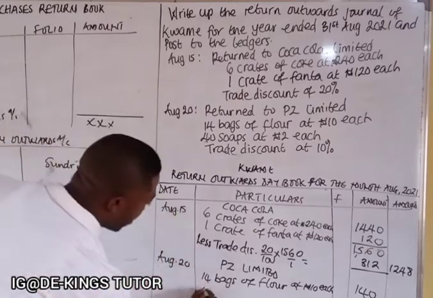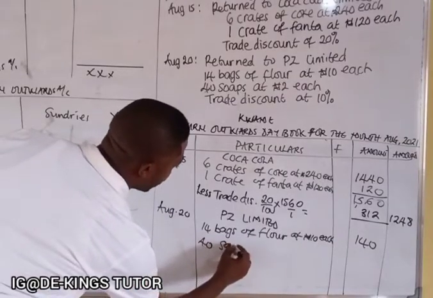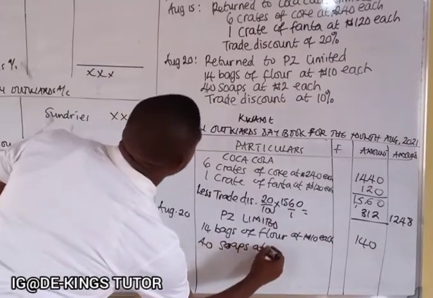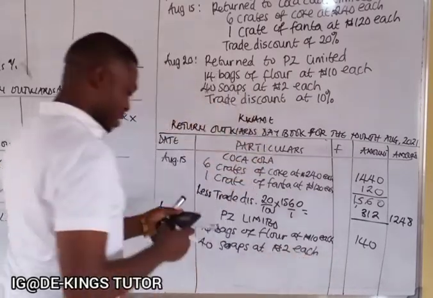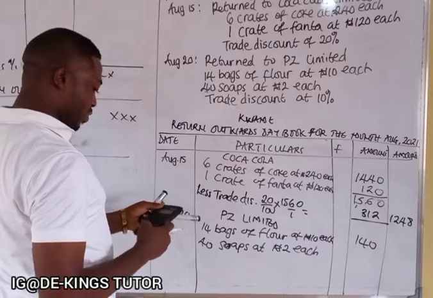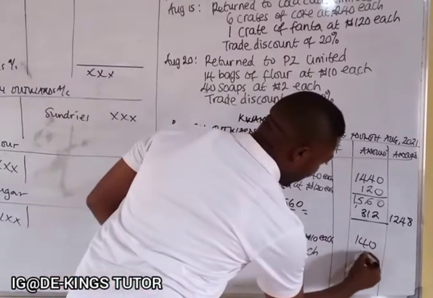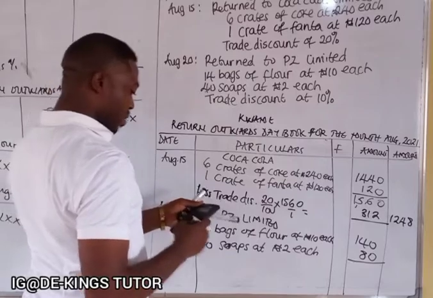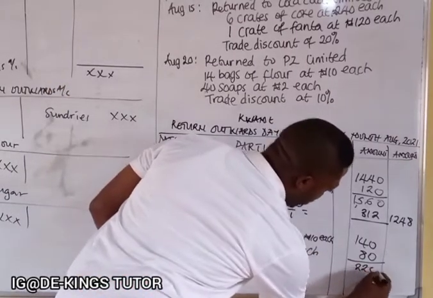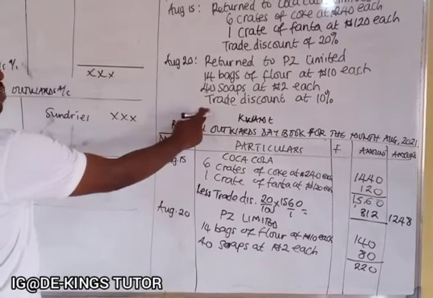The next one, 40 soaps at 2 naira each. That is 40 times 2 will give us 80. So when you add it together, 140 plus 80 will give us 220. And they gave the discount.